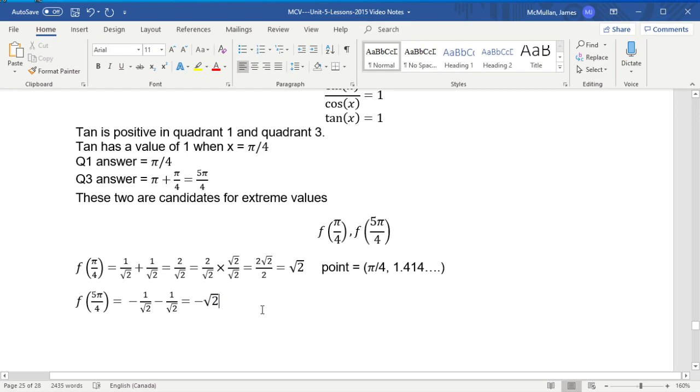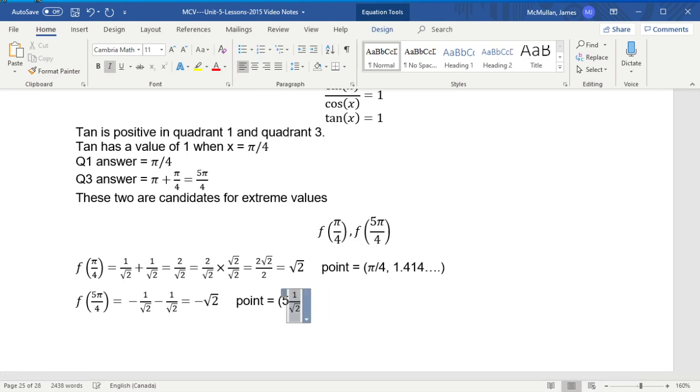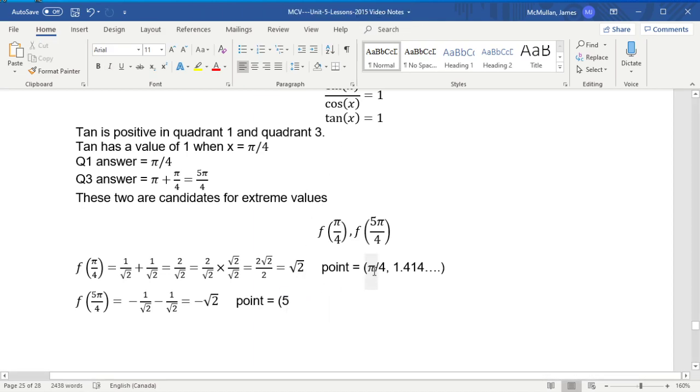So the point that we're looking at is 5 pi over 4 and negative 1.414, etc.